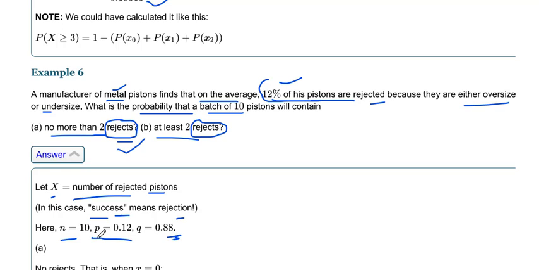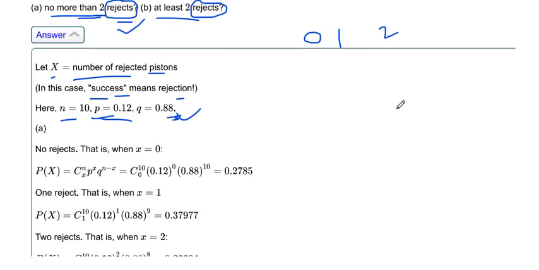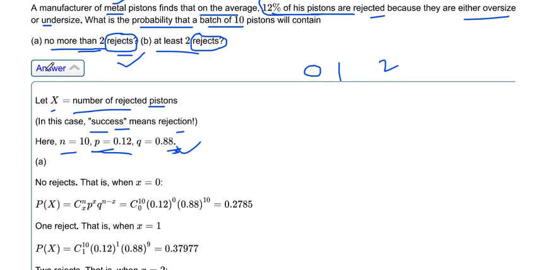Because success means rejection, the rejection probability is 0.12, and the probability of a right piston, that is failure, is 0.88. Now, no more than 2 rejects: we have to calculate 0 rejects, 1 reject, and 2 rejects.